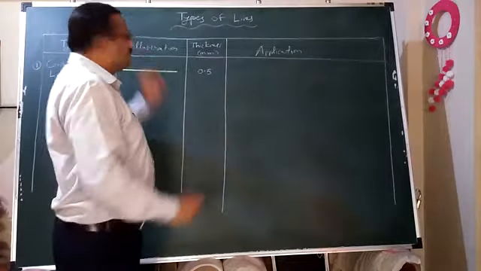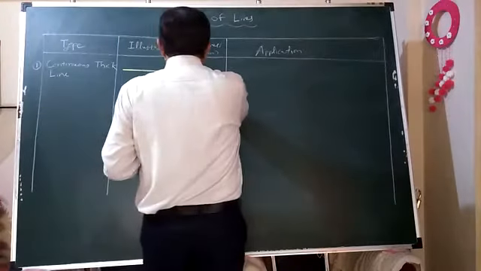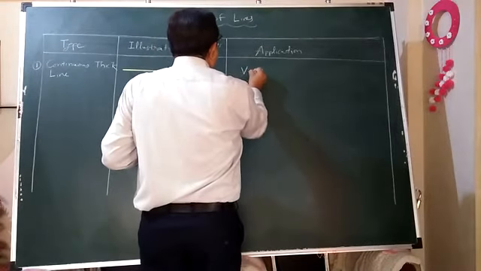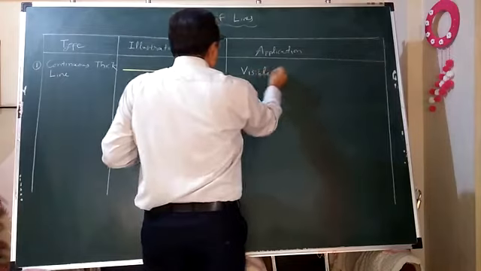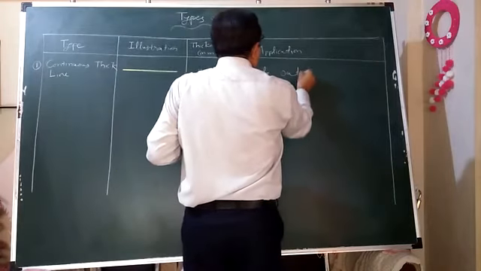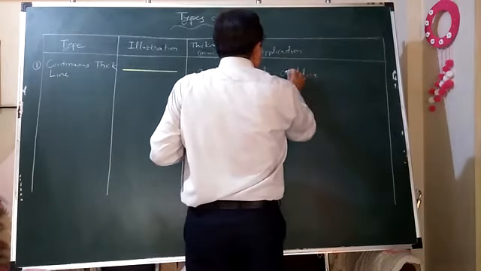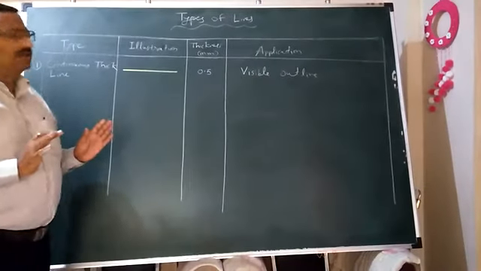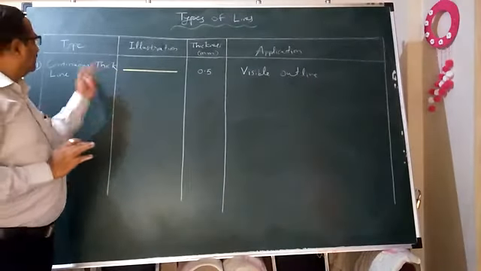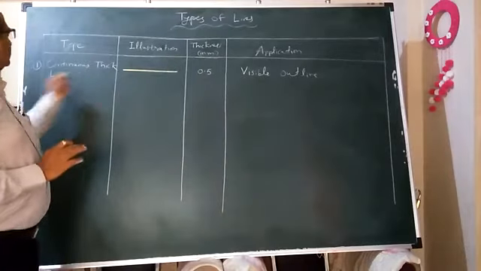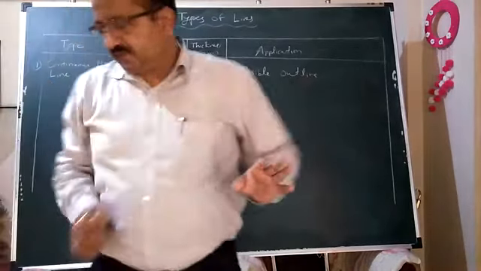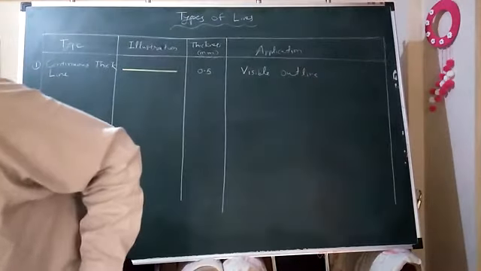For what purpose is it made? It is made to show the visible outline of any object. It should be dark enough. Such a dark line is called continuous thick line, and should be used for showing the visible outline of any object.